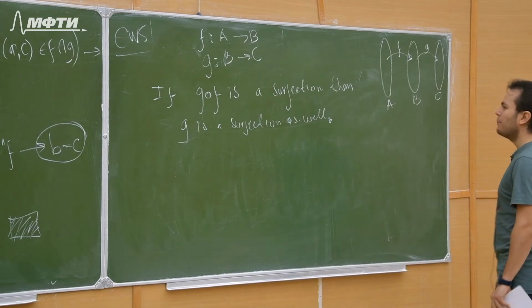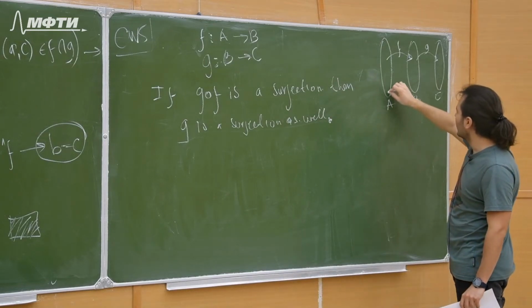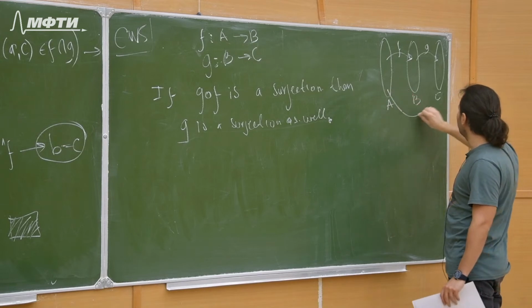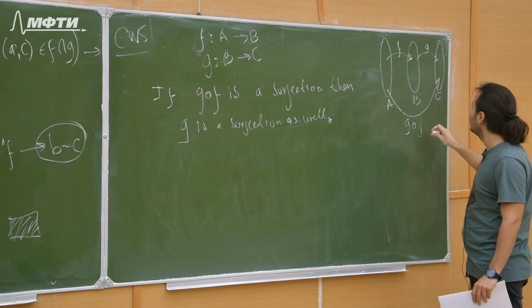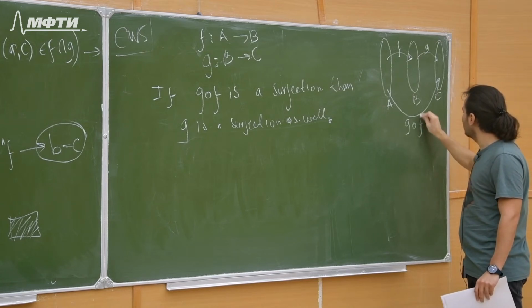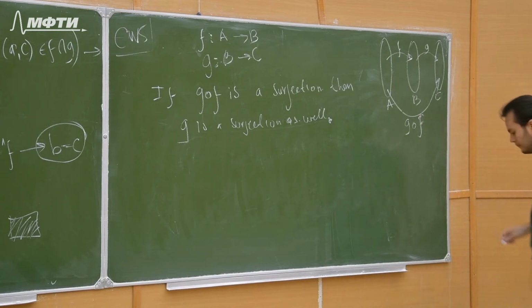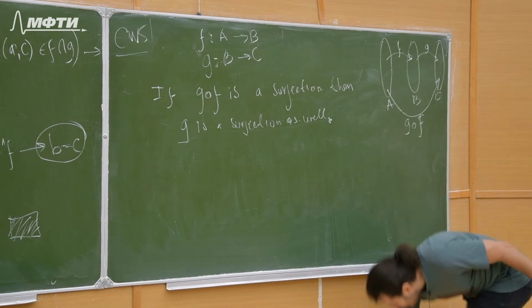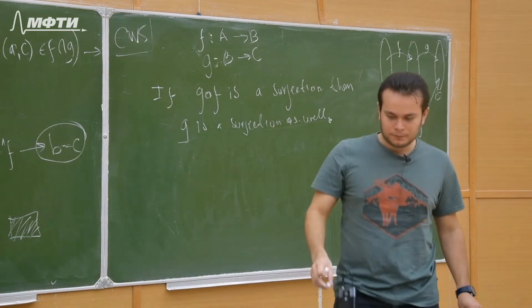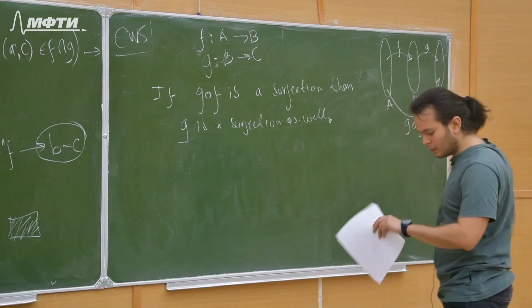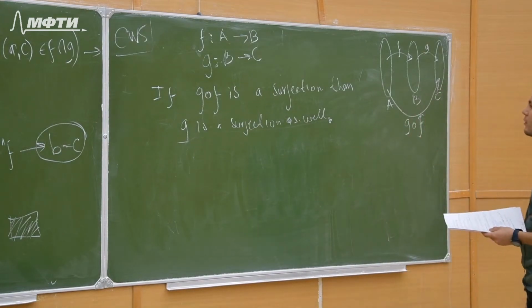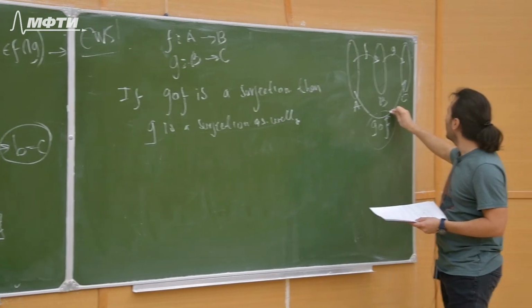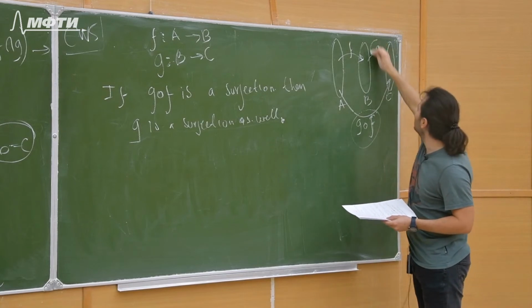G composition F is a function from A to C. So this is G composition F, right? So we have to prove that if this is a surjection, then G is a surjection as well.